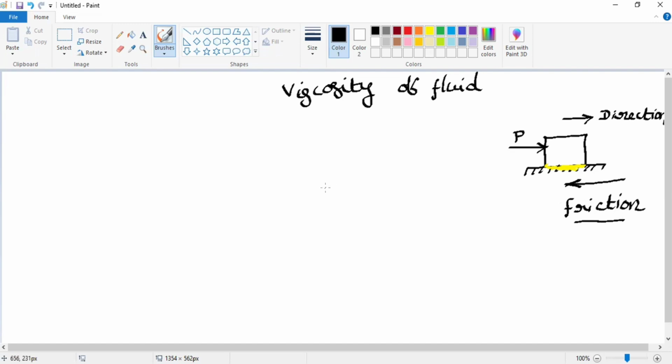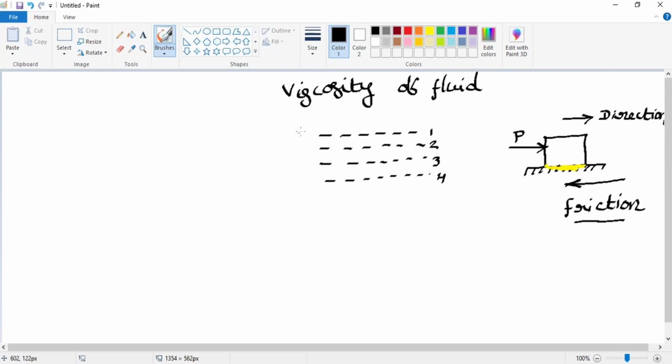In a similar way, suppose a number of fluid particles are flowing in a channel in layers: the first layer, second, third, and fourth layer.